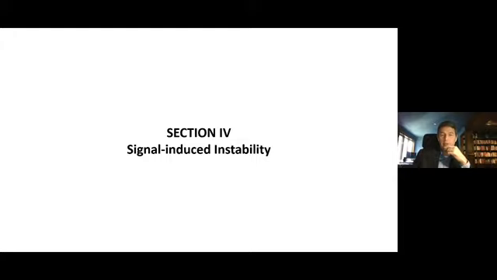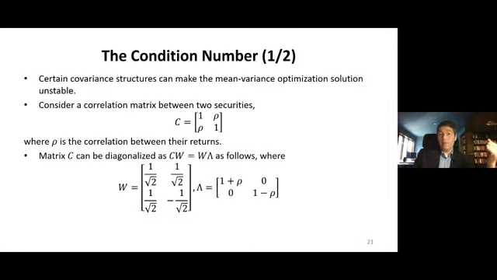How about signal-induced instability? Where does it come from? How can signal be a source of instability? I think we all have in the back of our minds the notion that signal cannot be bad. How could signal make our work difficult? That's precisely what we are trying to monetize, what we are trying to utilize. Well, as it happens, signal can be a problem too.